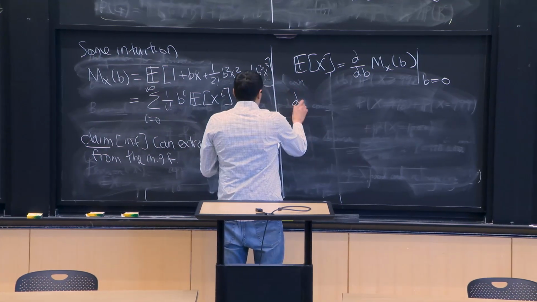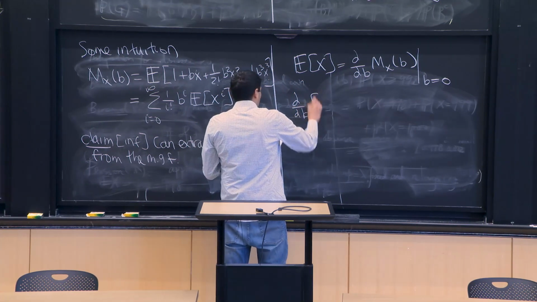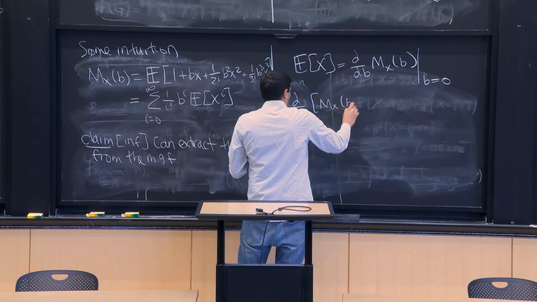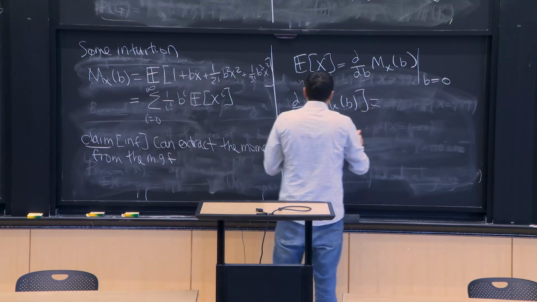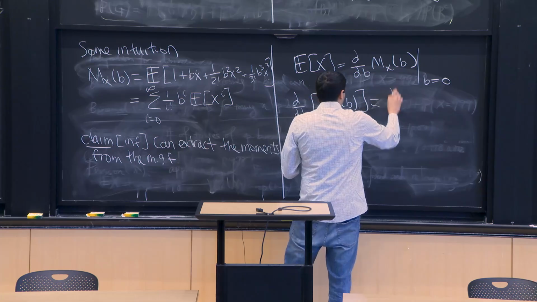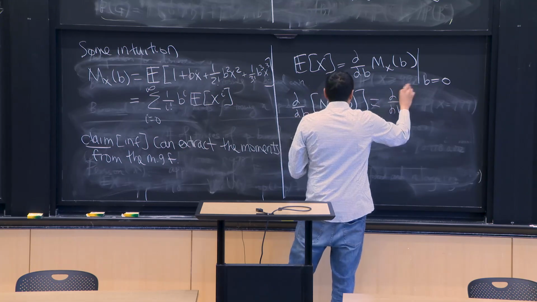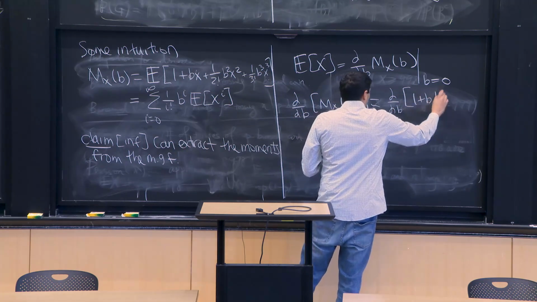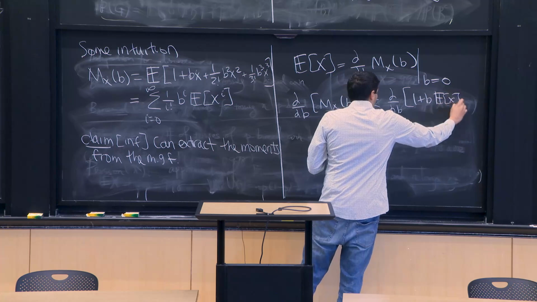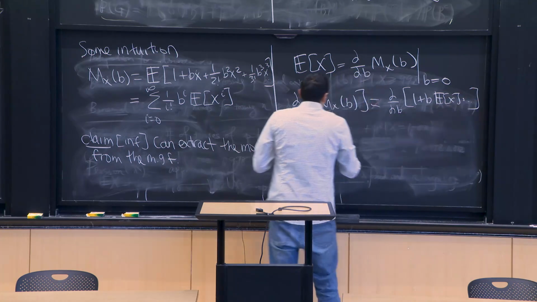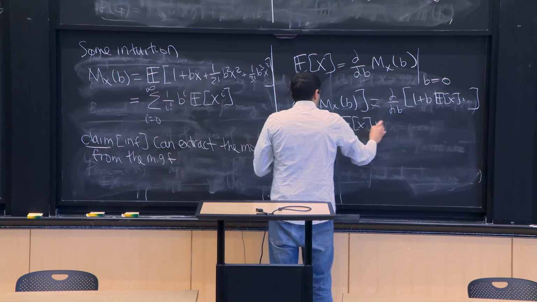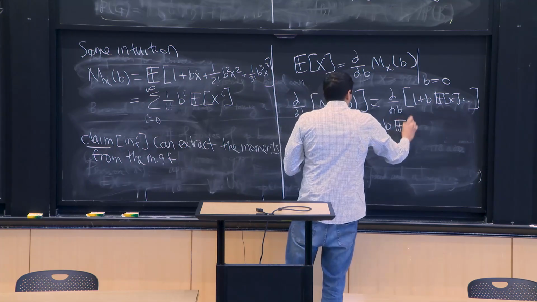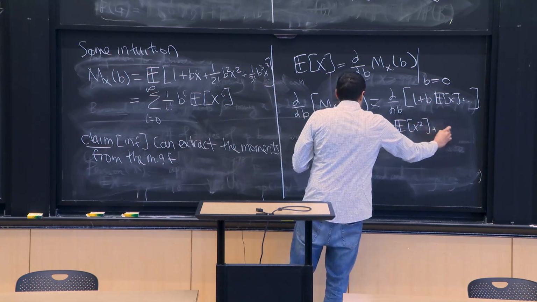In particular, the partial with respect to b of M_x(b), we can just apply it to this expression that I wrote out right here. And that's the same thing as the partial with respect to b of 1 plus b E[x], and so on. And then we'll get this expression that looks like E[x] plus b E[x^2], and so on.